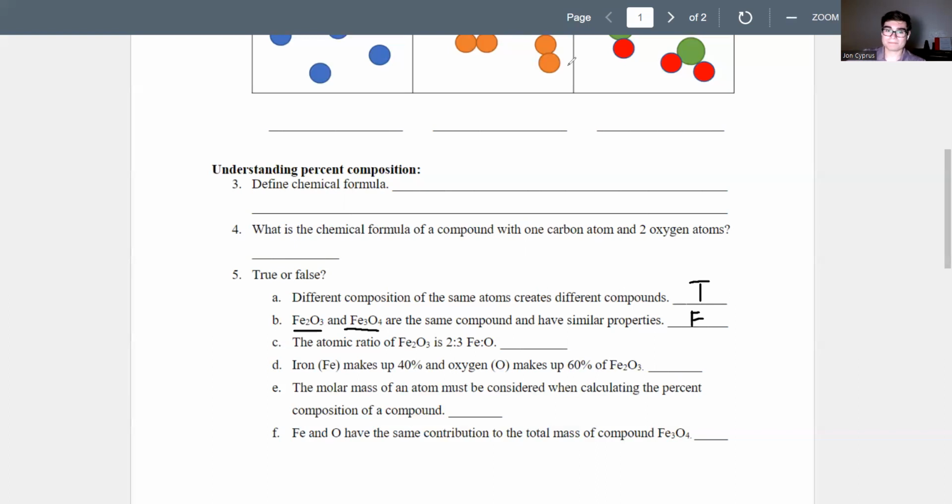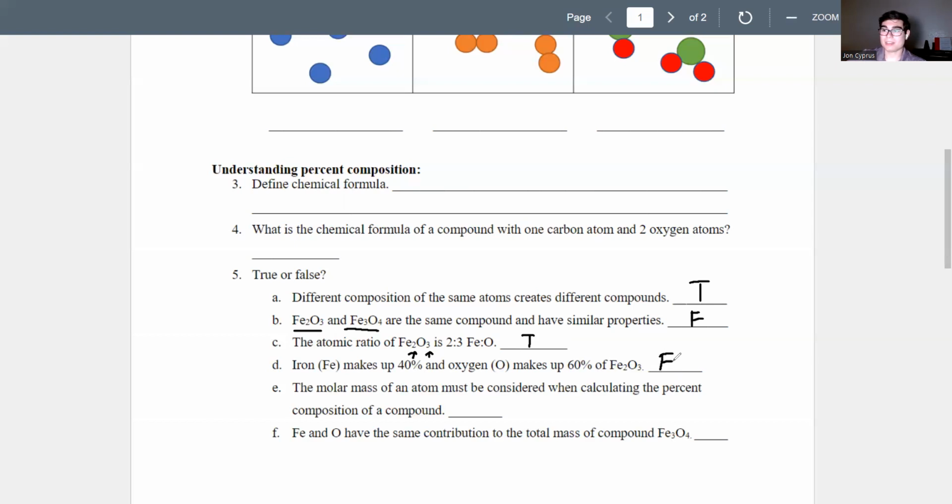So they're not the same. The atomic ratio of Fe2O3 is 2 to 3 iron to oxygen. That's true. There's 2 irons and 3 oxygens, so a 2 to 3 ratio. D, it says iron makes up 40% and oxygen makes up 60% of Fe2O3.